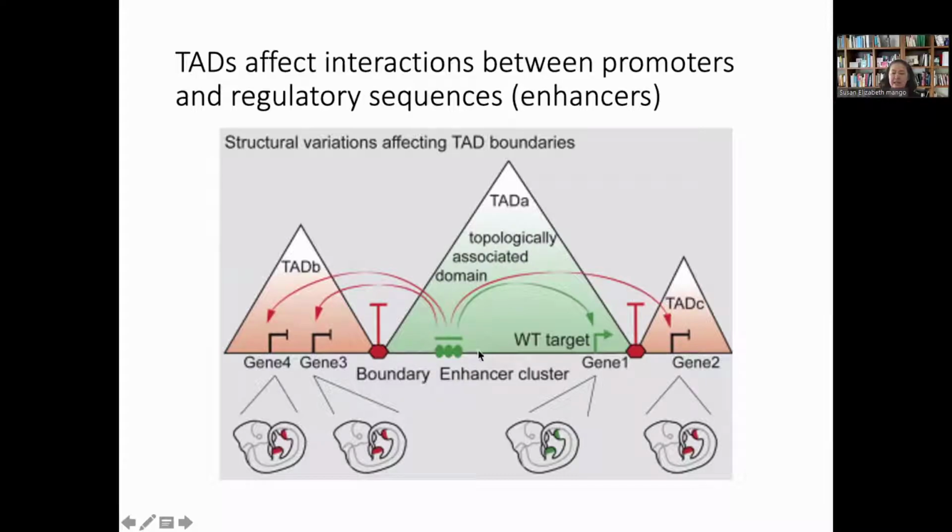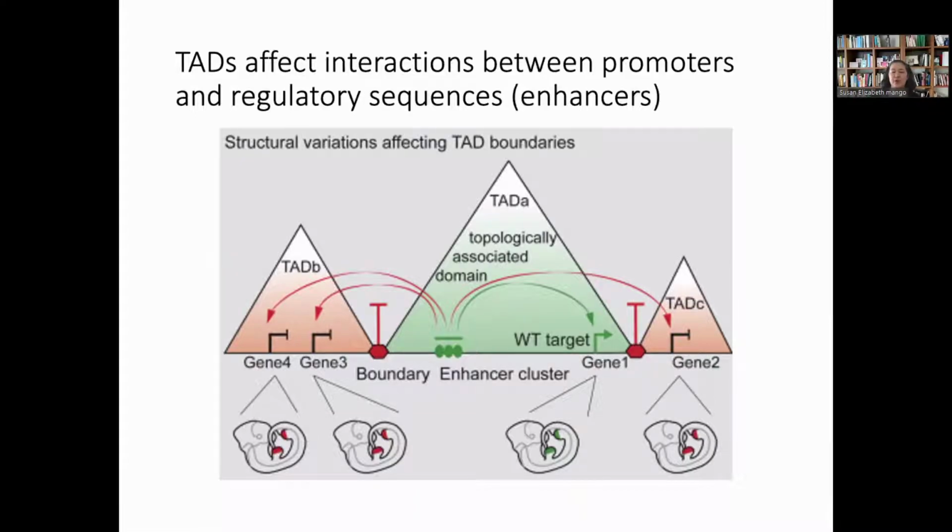And let's say this is enhancers that can interact with gene 1, but they're much less likely to interact with these other genes because these other genes are in different TADs and separated by these boundaries. And each of these genes are sitting here and involved in forming digits in the limbs.